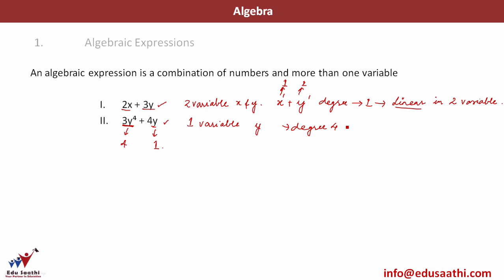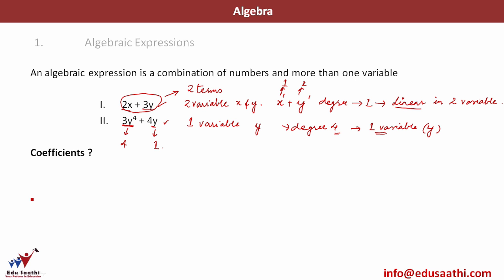It will not be a quadratic or a cubic. It will be a 4-degree polynomial in one variable. So the variable is only one, which is y, but the highest power of y is 4, and there are two terms in both of these expressions. So there are two terms that I have in both of these expressions.